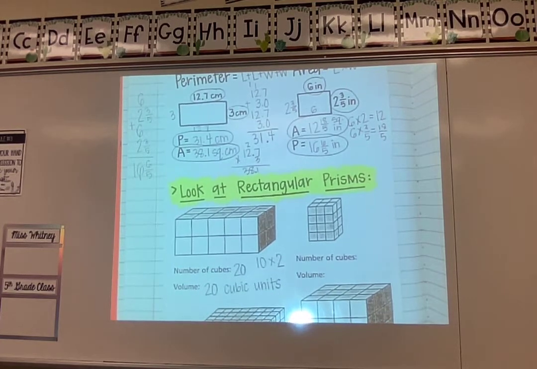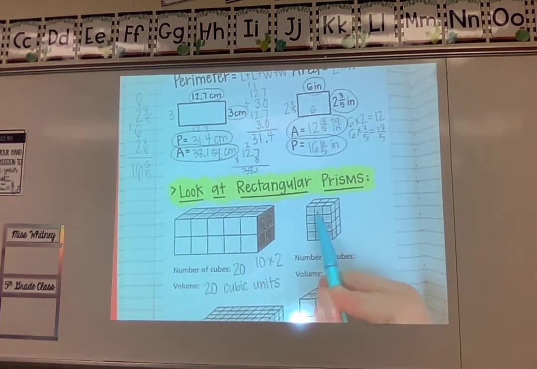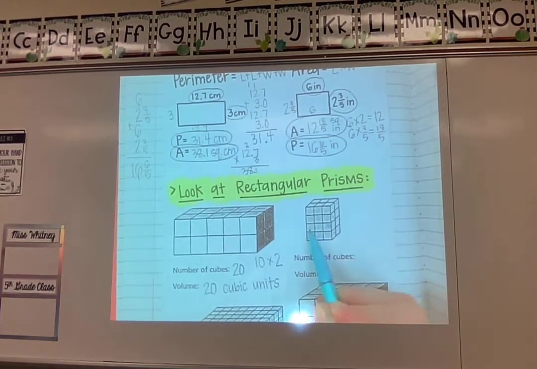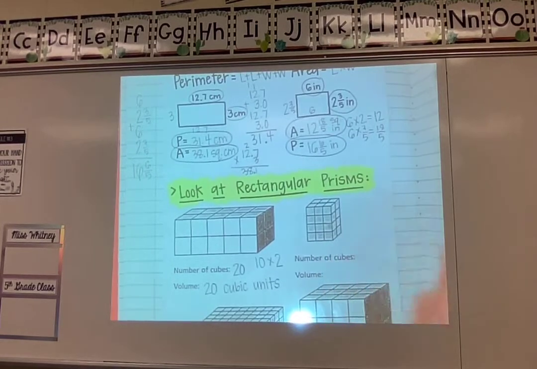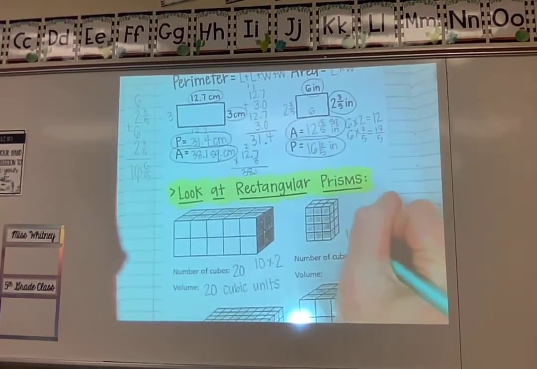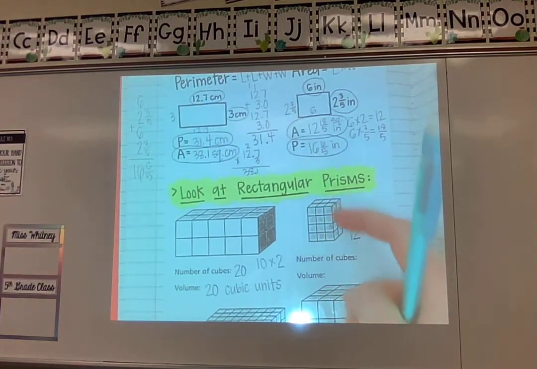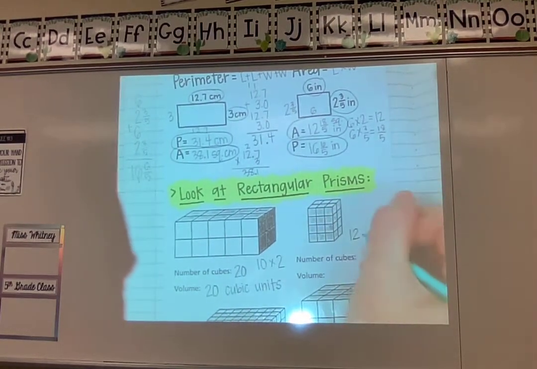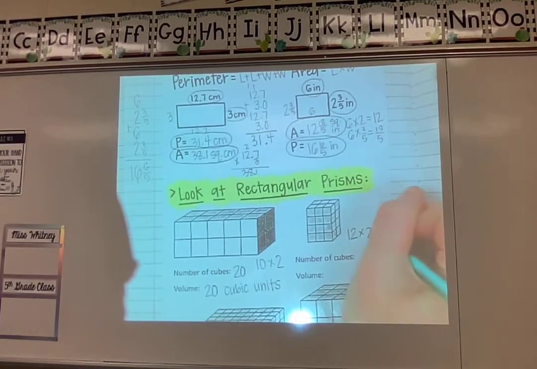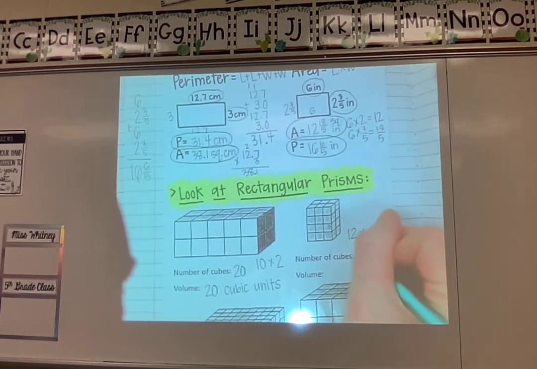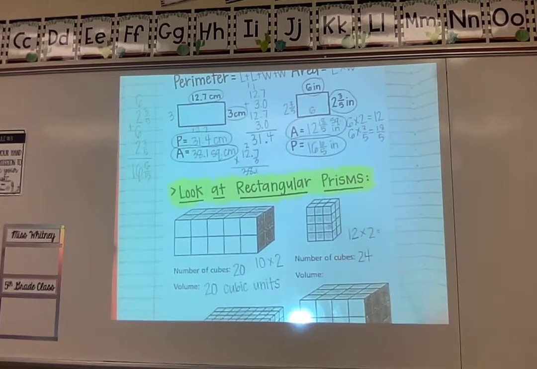So first, I'm going to count how many cubes are on the front layer that I see. I see 1, 2, 3, 4, 5, 6, 7, 8, 9, 10, 11, 12 cubes on that front layer. And then I'm going to see how many layers there are. So there's 1 layer, 2 layers because it's too deep. So 12 times 2, that means there's going to be 24 cubes that make up that box.